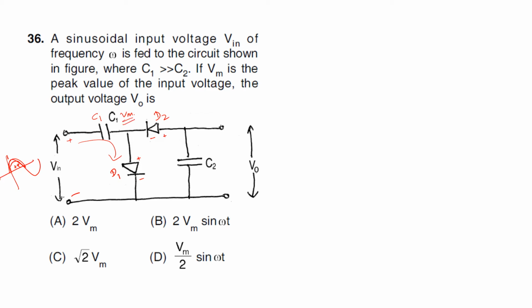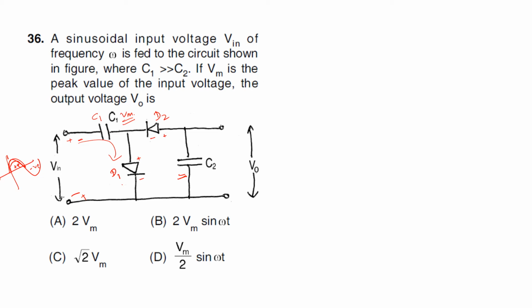Then for negative half cycle, this becomes minus and this side becomes plus, then D1 is reverse biased and D2 is forward biased. Since D2 is forward biased, it charges C2 to the peak value Vm.